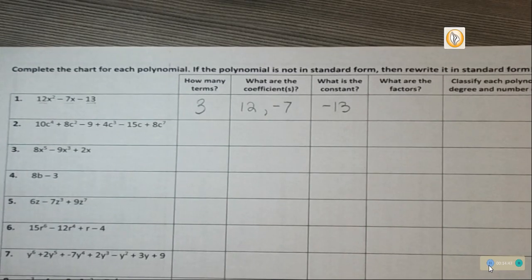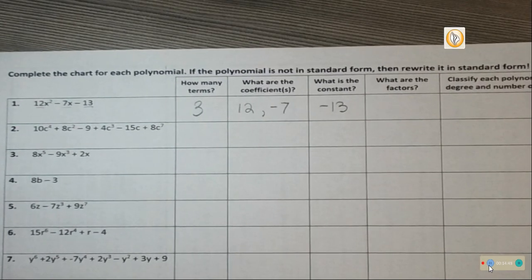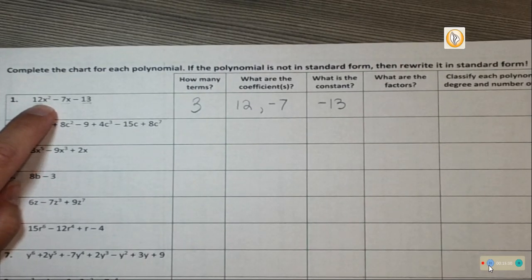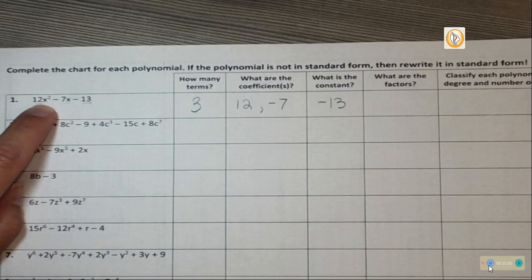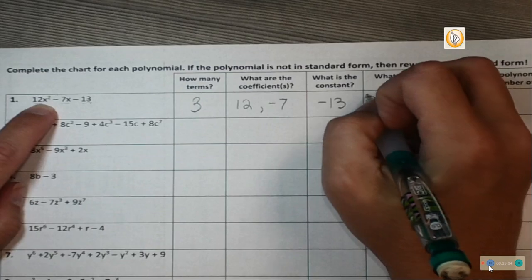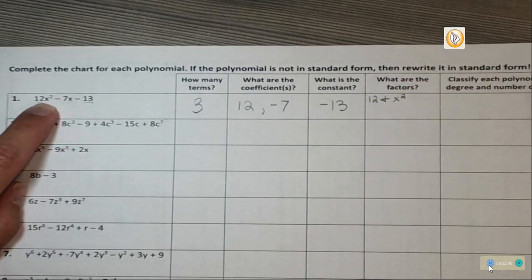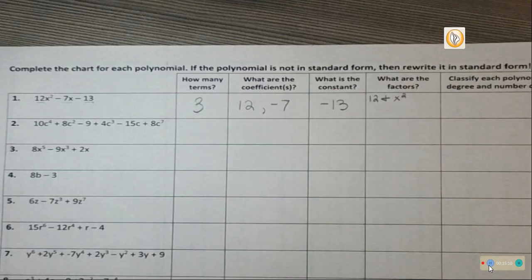Now factors are numbers and variables that are getting multiplied together. It doesn't have to mean big whole parentheses. When you look at 12x squared, what does that technically mean? 12 times x squared. So the 12 and the x squared, those are factors. And if we want to get real technical, what does x squared mean? x times x.